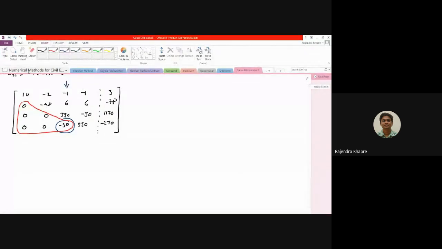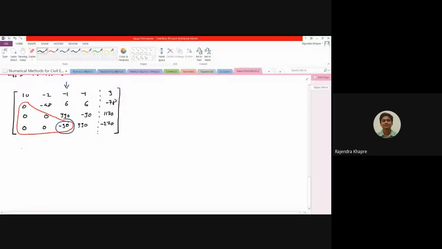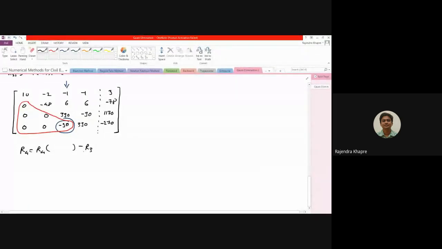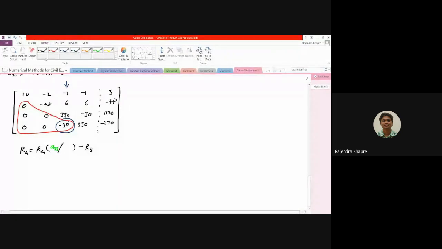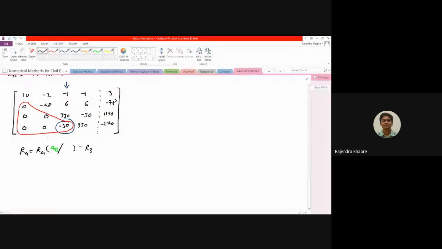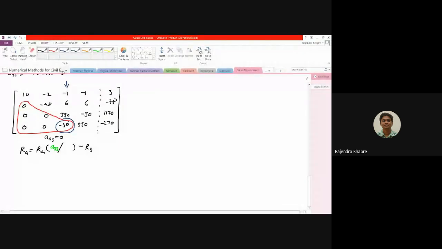So when I am operating on the third column, what operation should I write over here? Your r4 will be r4 into some factor minus r3, because I am operating on the third column, so I should write r3 over here. If you are operating on the third column, you have to use a33. And we are eliminating a43 equals to 0, isn't it?